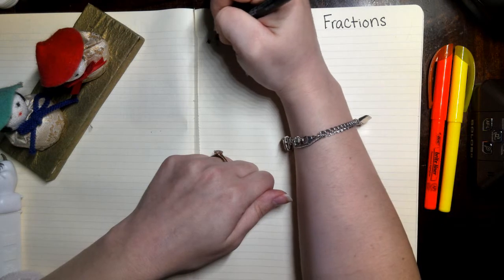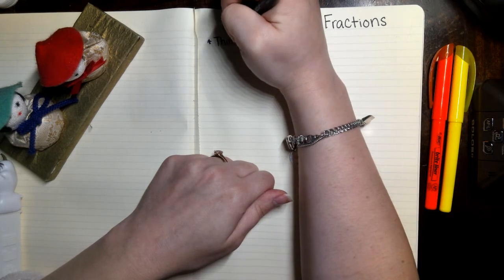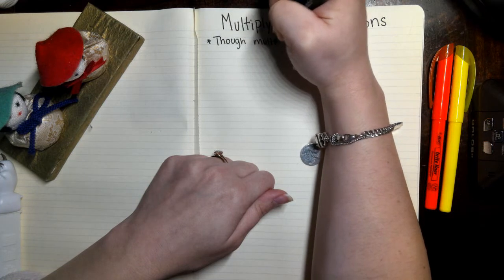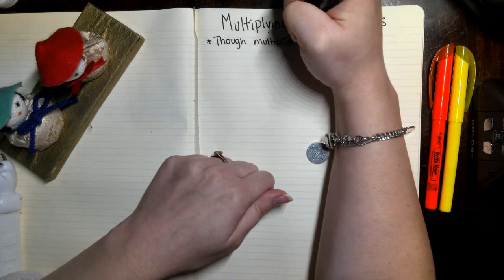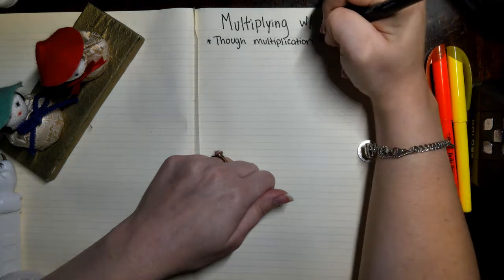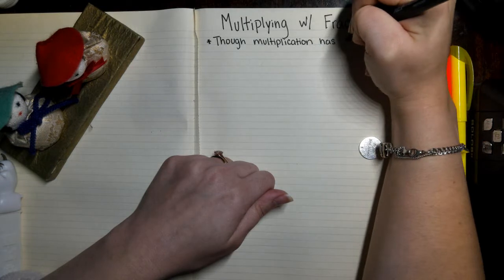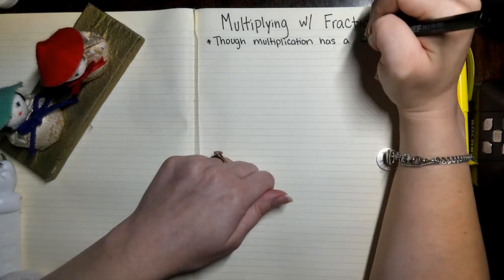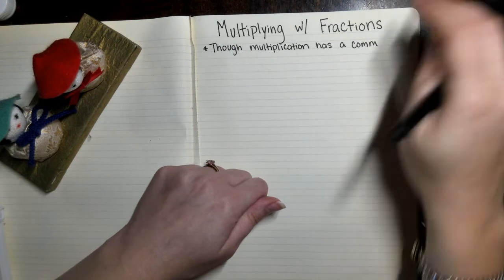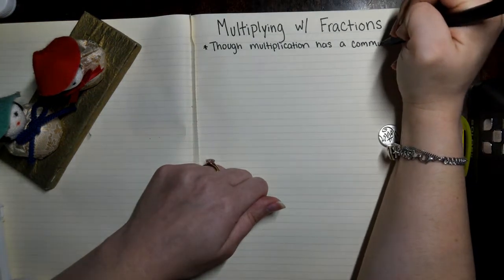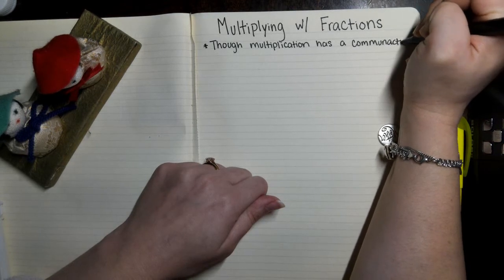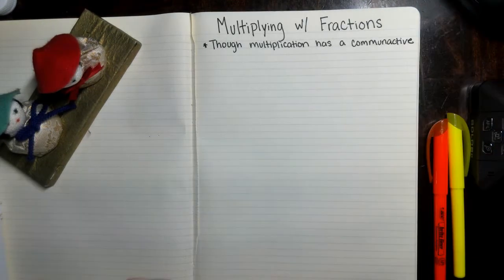And though multiplication has a, this is a big word, commutative, oh my gosh, I can never say it, y'all.